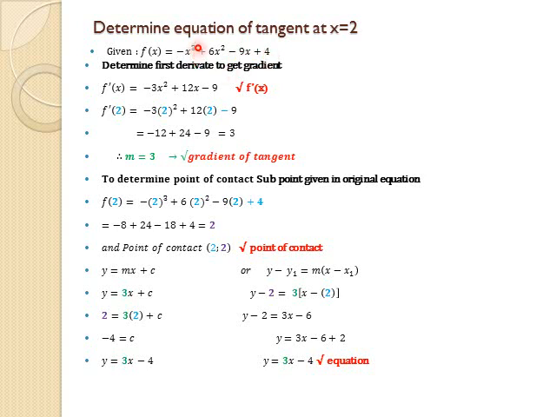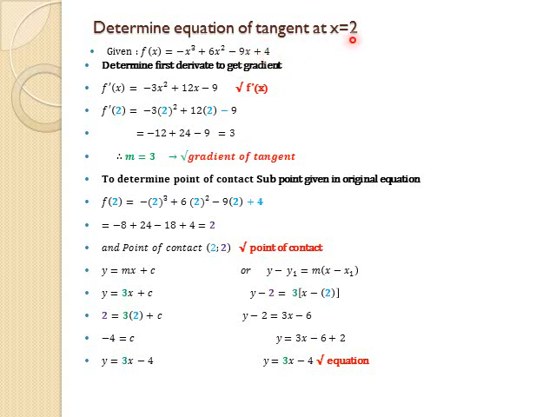First derivative: 3 times negative 1 gives me negative 3. 3 minus 1 becomes 2. 2 times 6 becomes 12. 2 minus 1 becomes 1. 1 times negative 9 gives me negative 9. 1 minus 1 is 0, so x falls away. The first derivative of a constant is always 0.